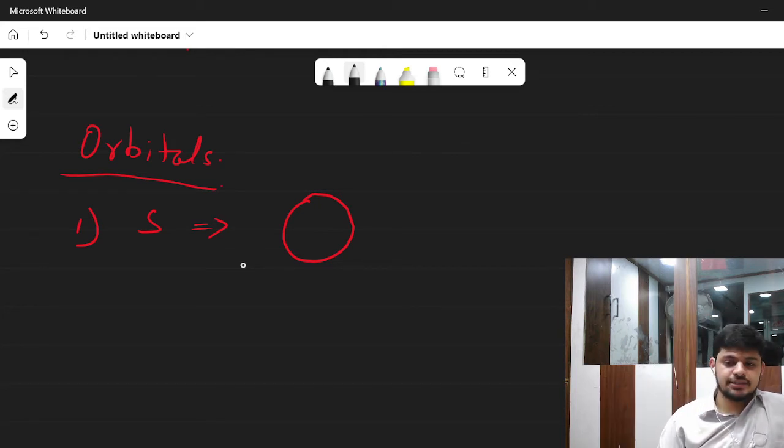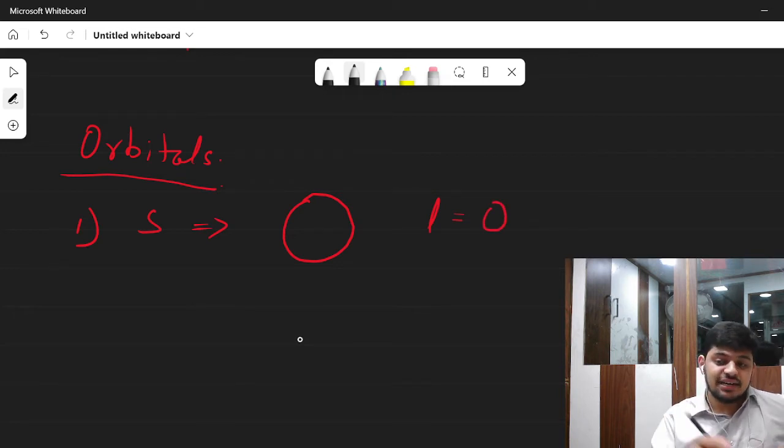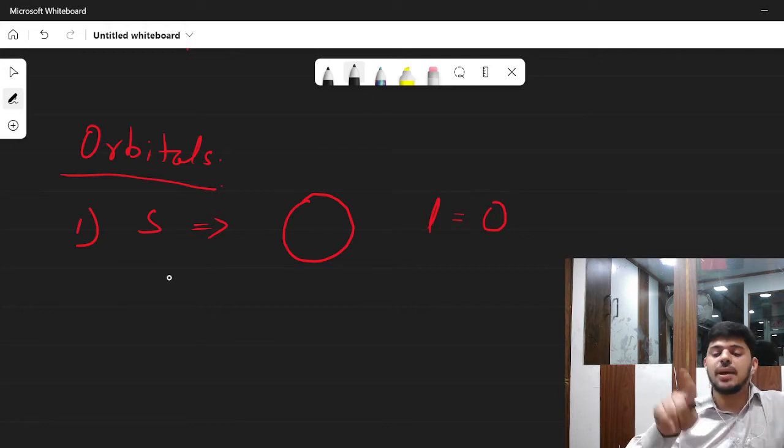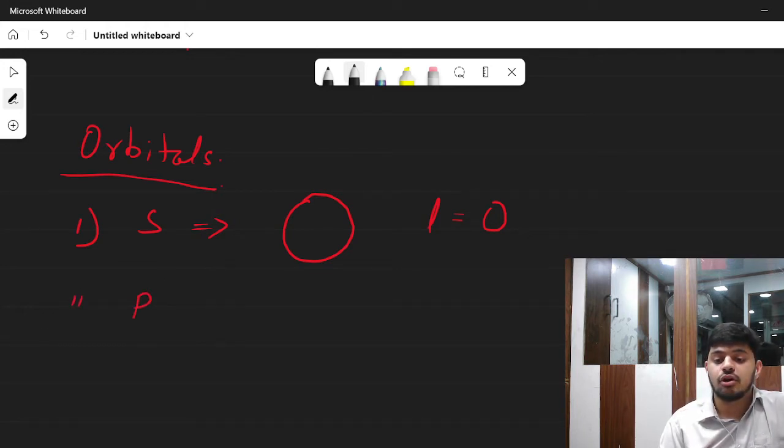This one is the s, and this is the first one, and for this l equals always and always 0. Okay, s is spherical in shape, and l equals 0 for this. Let us consider the p. This is the second subshell or second orbital.